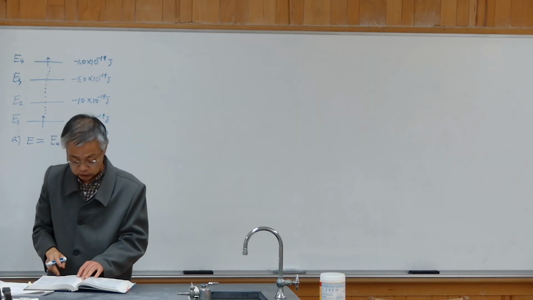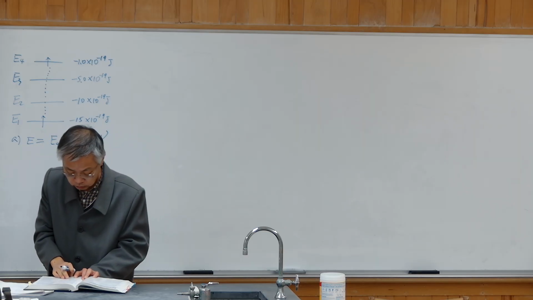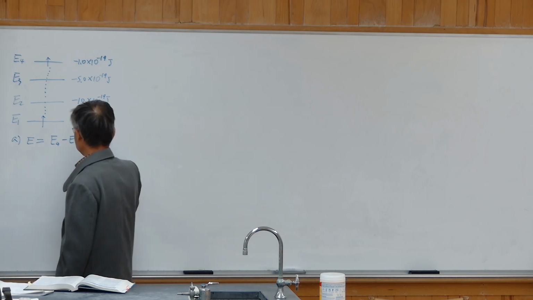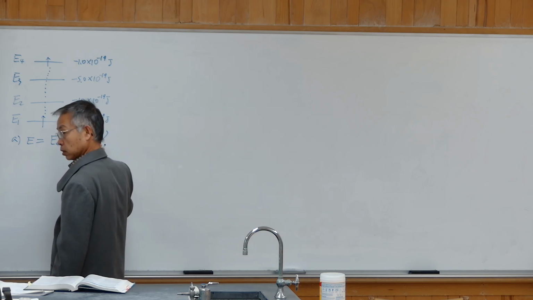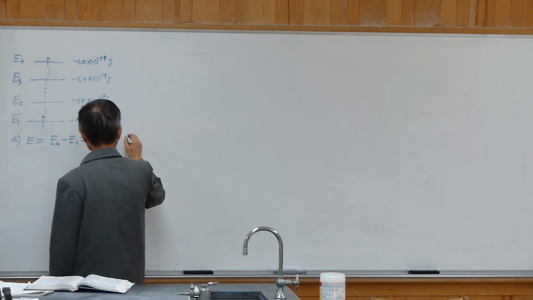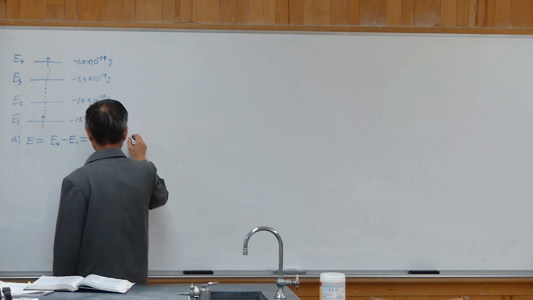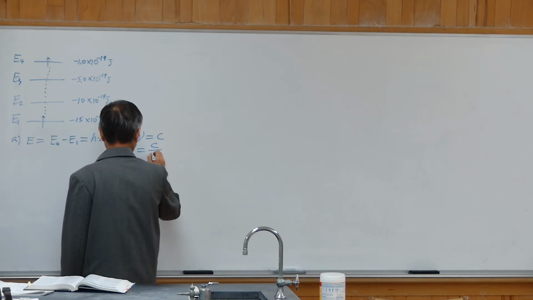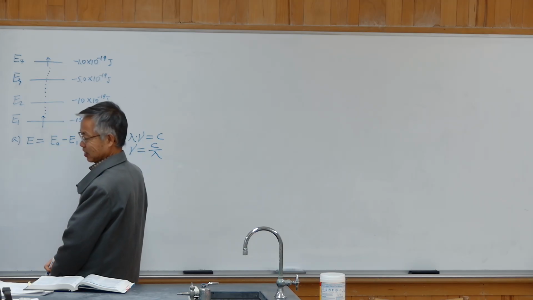And here, let's take a look. It asks for the wavelength, right? So once we calculate the frequency, we can calculate the wavelength. Or we can combine it in one step. Wavelength times frequency equals C. So nu equals C divided by lambda, right?